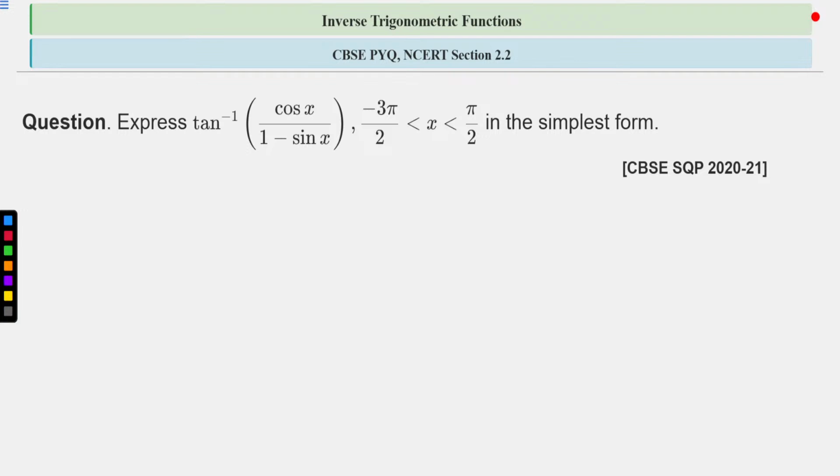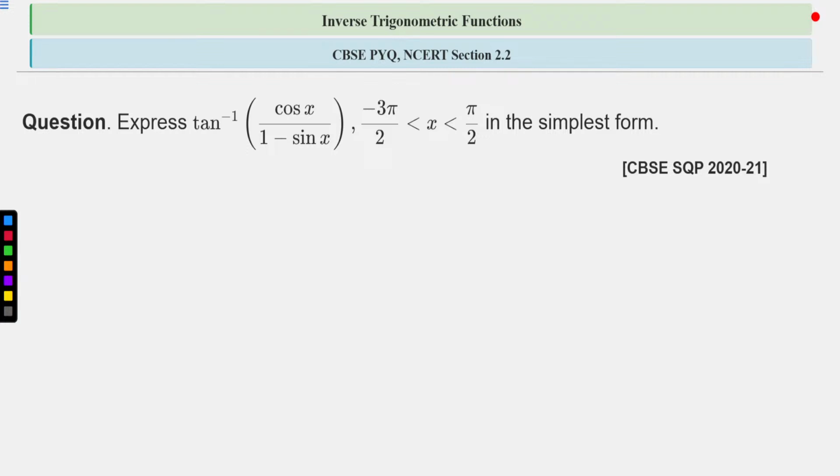See, we will try to express the part inside the tan inverse in terms of tan x, right? Numerator is cos x, clear, and the denominator is 1 minus sine x. So either we will rationalize this, that is, we will multiply numerator and the denominator with 1 plus sine x, or we can try to convert this in terms of half angle formula, right?